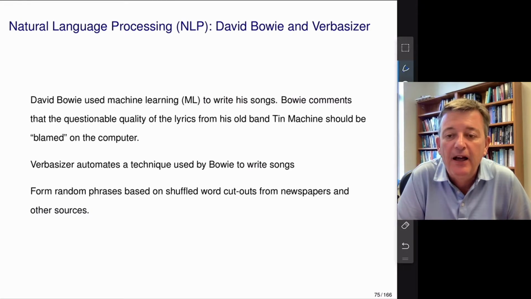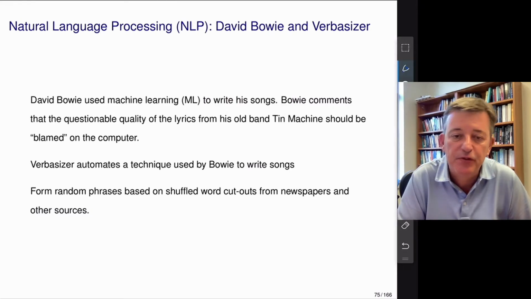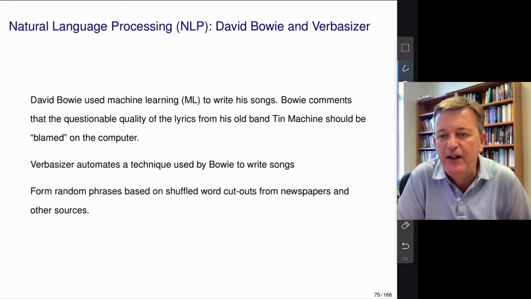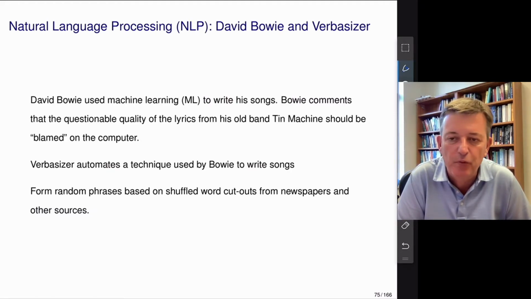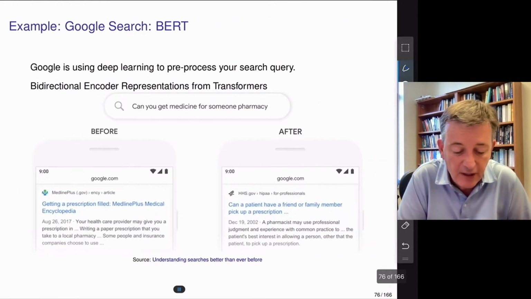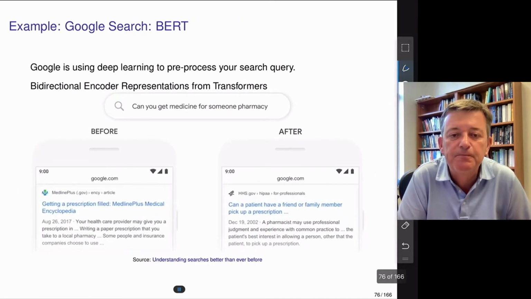Lots of the wording in his songs was created by an algorithm randomly throwing out different combinations of words from different newspaper articles, and he would then see if he could put emotion into it, and whether that sequence of words would mean anything to him. And so a large portion of his songs are written with this idea of natural language processing and machine learning. So I thought you'd find that interesting.